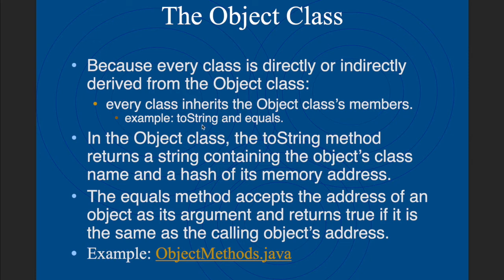toString, that's something you are going to use probably every time you work with objects. And equals also is very helpful. The equals method accepts the address of an object as its argument and returns true if it's the same as the calling object's address.